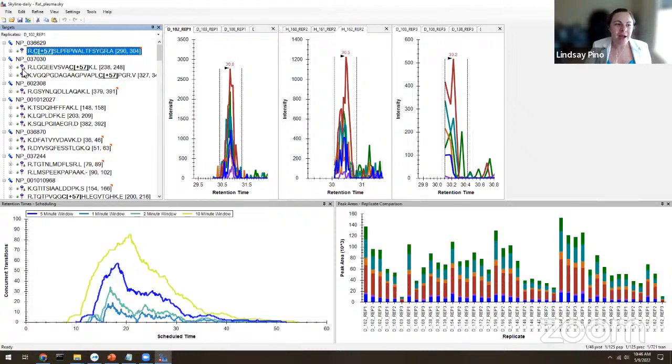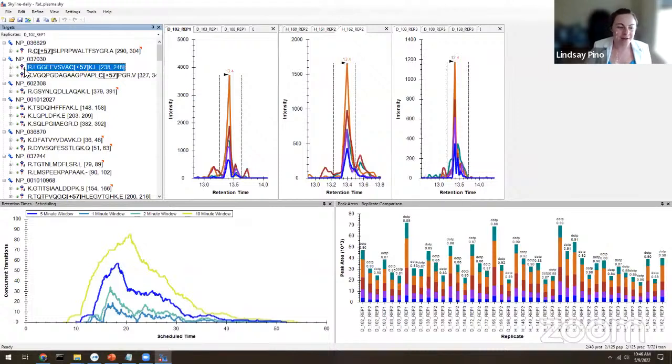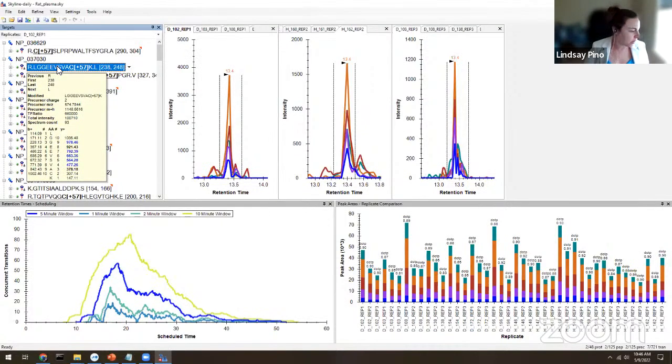Some of them also have a couple of sticks in their icon. If you click on one of those peptides that has the little sticks, for me, I'm going to click on peptide LGGEE and so on. That little icon means that there is a library spectrum for it.